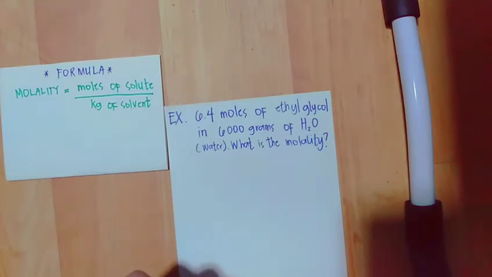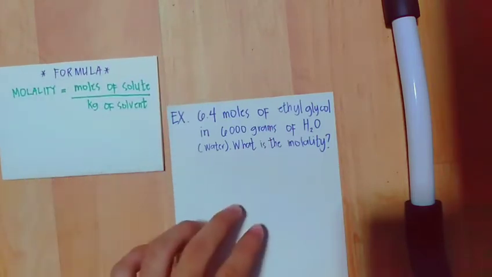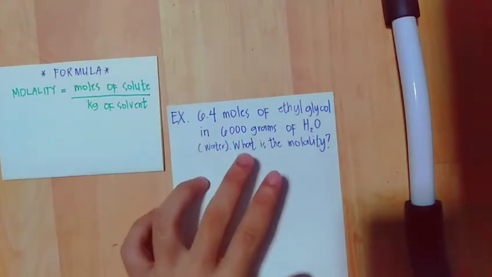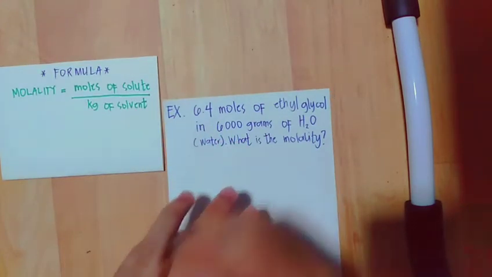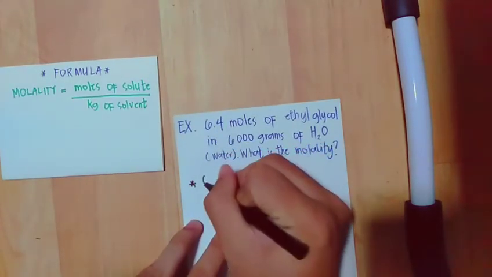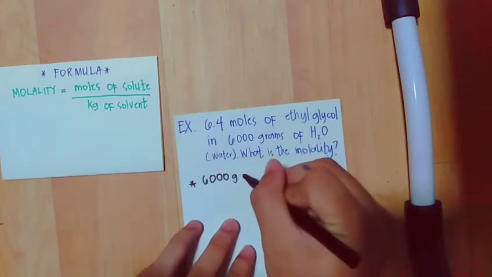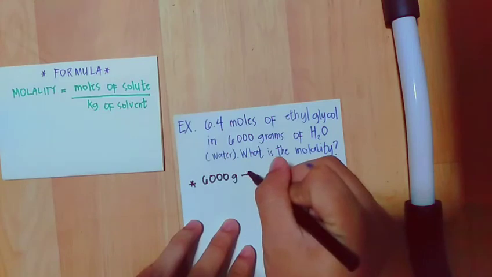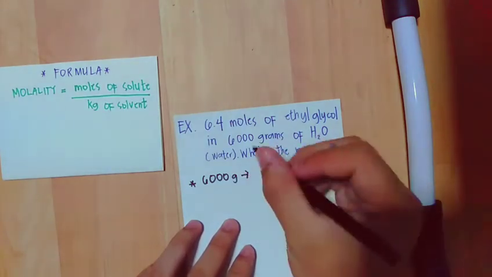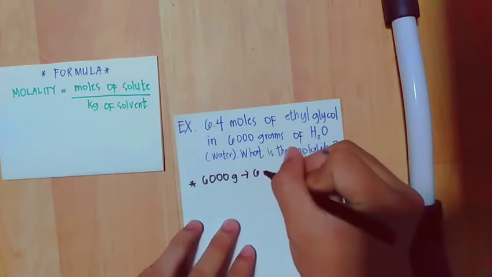But in order for us to get the kilogram of solvent, we have to convert this 6,000 grams of water or H2O into kilogram. So 6,000 grams is converted to 6 kilogram.